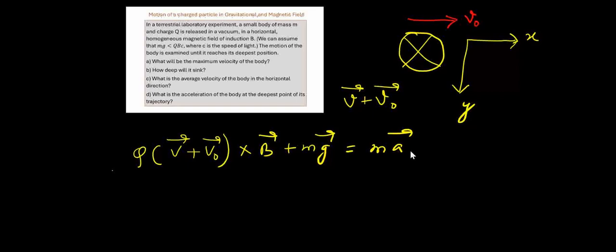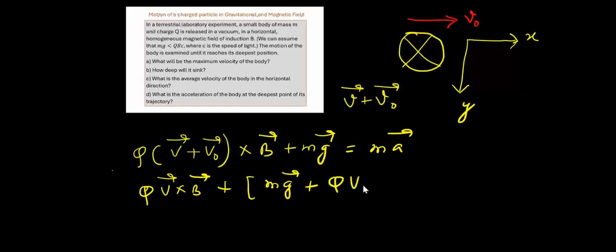And this equation can be further written as q v cross B plus mg plus q v0 cross B equal to mass times acceleration. This above equation can be written in this form.